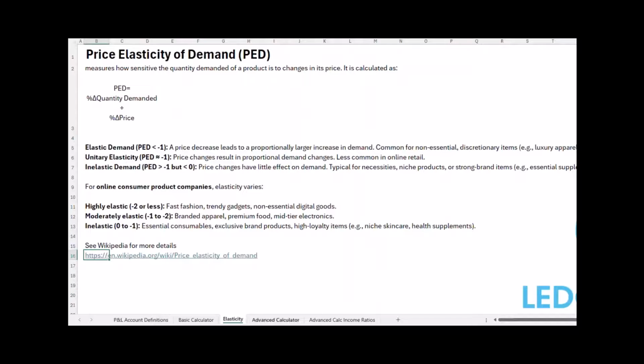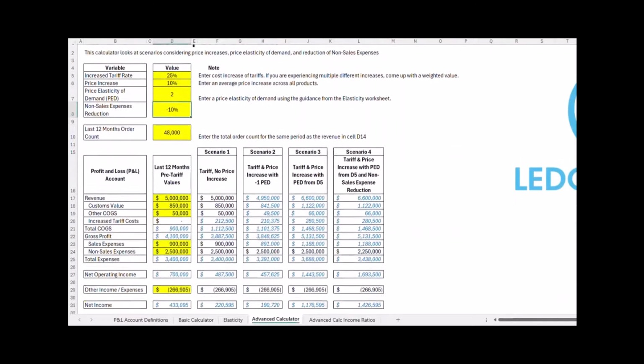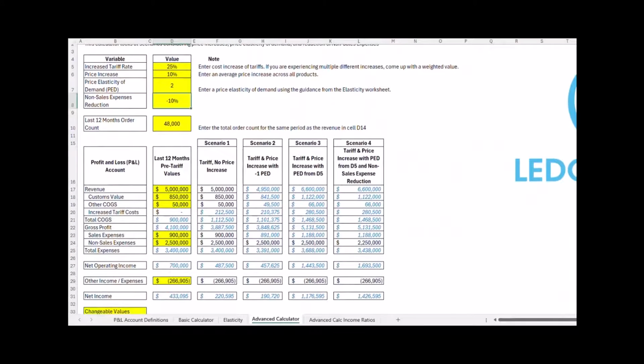So let's go back to this advanced calculator. Scenario 2 allows you to put in a percentage to increase your price. So let's say we want to increase it by 15%, and it keeps your price elasticity at -1 for scenario 2.